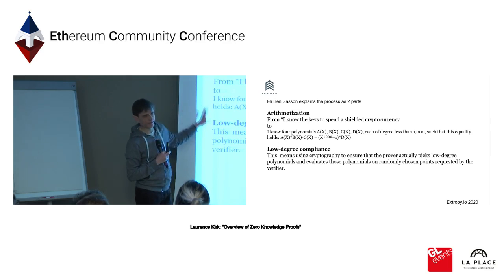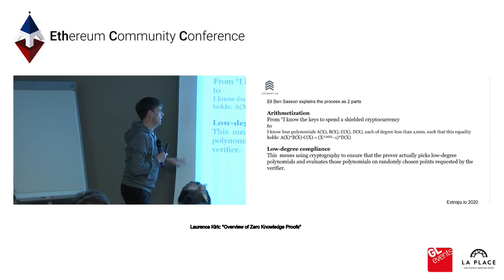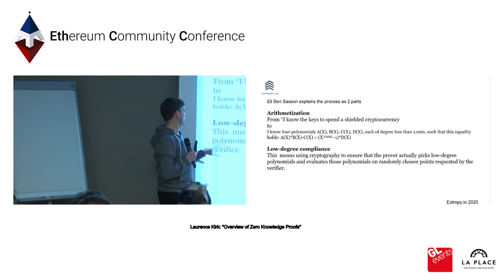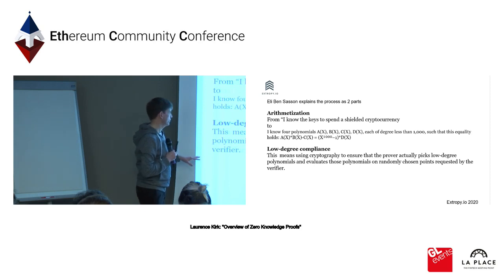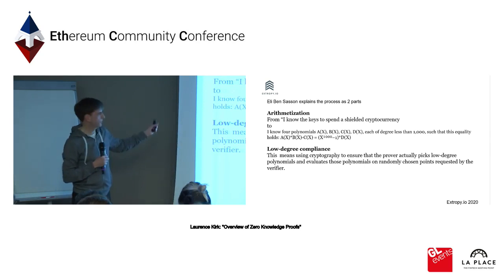That's one part, the mathematical representation part of this process. Then, to stop the prover or the verifier cheating, we have the compliance idea, where we pick points on these polynomials that are chosen randomly for the verification. So it's really just another way of thinking about the previous slide.